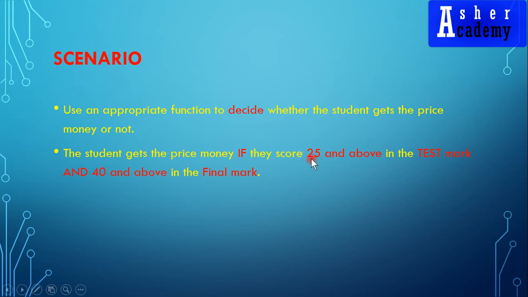They have to get 25 and more in the test and 40 and more in the final mark. So if they get 35 in the final mark and 40 in the test mark, they do not get the prize money because only one condition is met. So here we are saying that both conditions have to be met in order for the student to get the prize money.